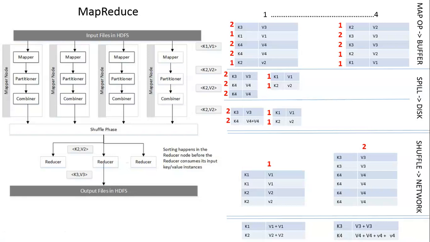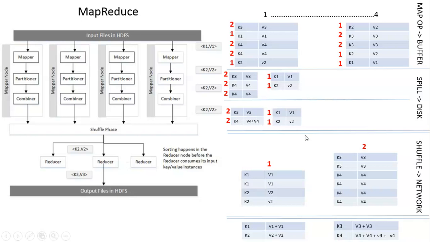Reducer 1 will go to node 1 and get this file. Reducer 2 will go to node 1 and get this file. That way they get all the data that are meant for them. Each reducer gets all the data meant for it, collects it, and then does the reduce operation.